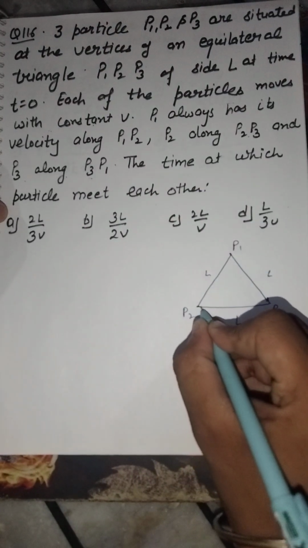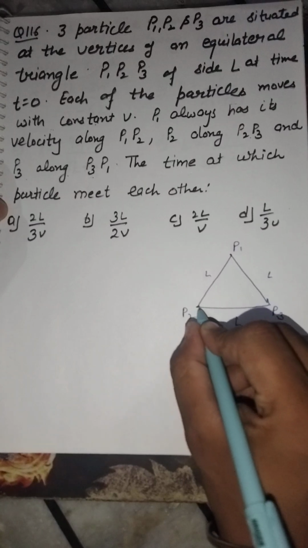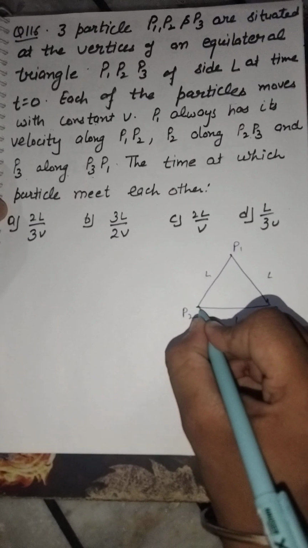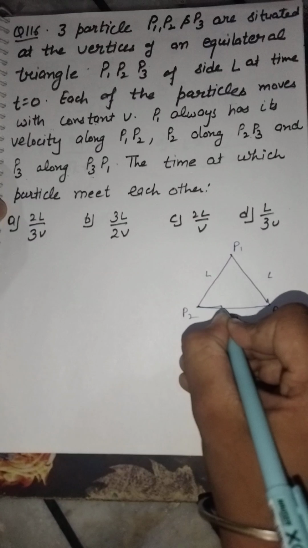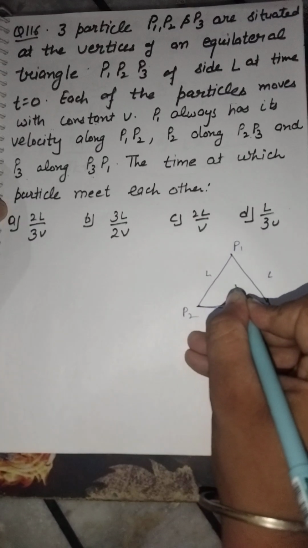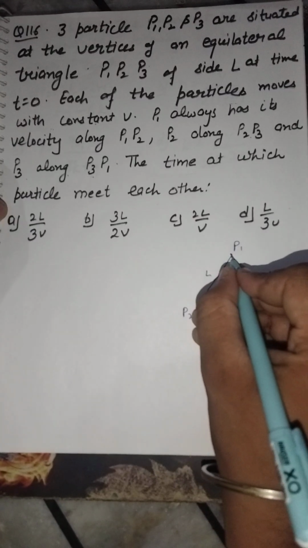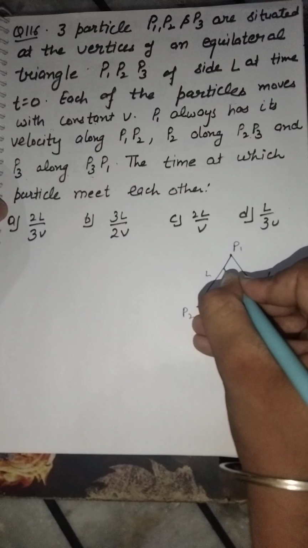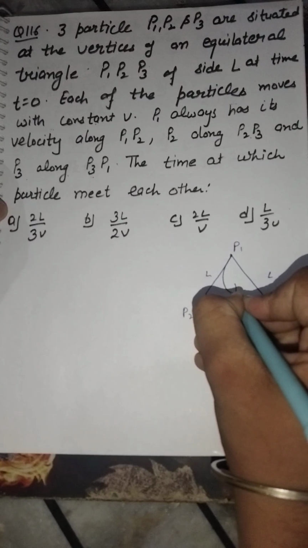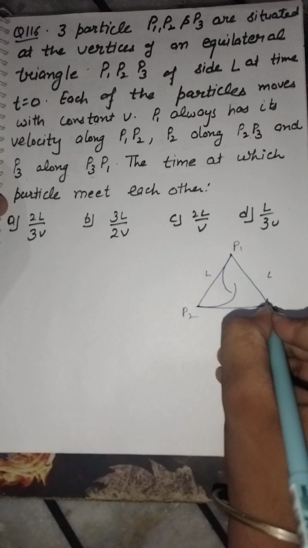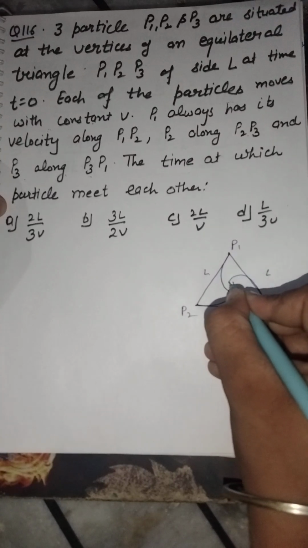So in this question, when the particles start moving, particle P2 starts moving toward P3. During this motion, the triangle is also shrinking like this. Similarly, our P1 particle starts moving and shrinking, and similarly our P3 particle starts shrinking.